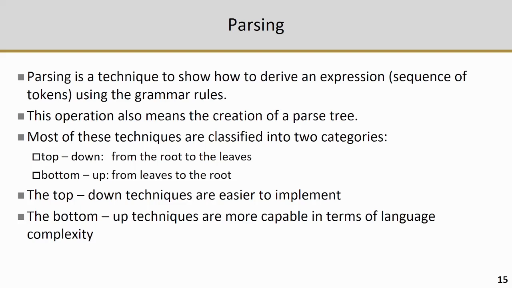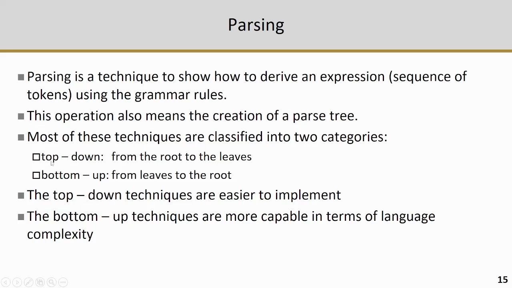One is top-down, where we start from the start symbol and go in the direction of the leaves or tokens, and the other class of parsing algorithms starts from bottom to the top, which means that first we start with the tokens and try to discover how they could be derived from which non-terminal and go from the bottom to the top till we reach the start symbol.